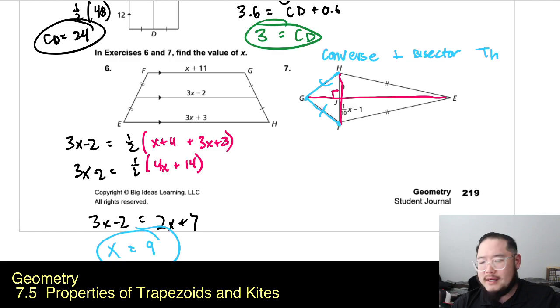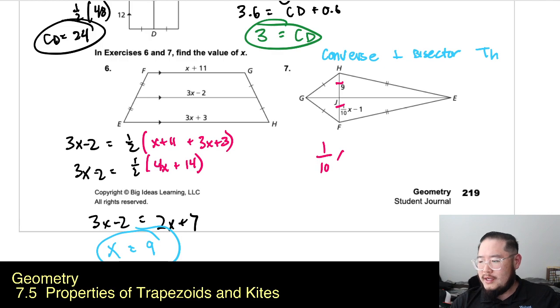And because GE is bisecting segment HF, I'll go ahead and delete some of this stuff right here. We can go ahead and say that J to H is congruent to F to J. And so therefore 1/10 x minus 1 is equal to 9 right here. And then I just solve for x.